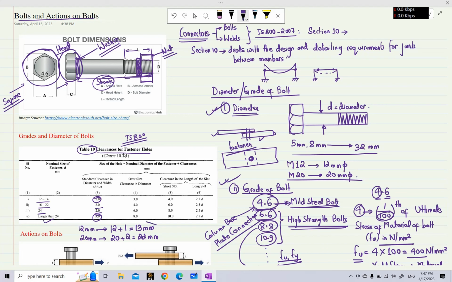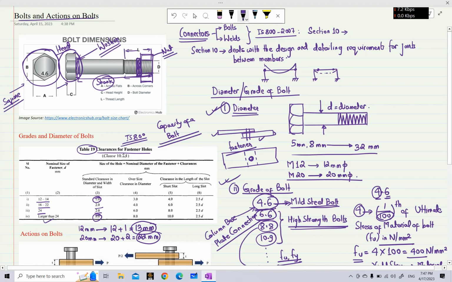And when do we need this? When do we need to calculate the diameter of holes used for bolt? We generally use this when we are calculating the capacity of a bolt. So we will look at the calculation of this bolt capacity maybe in our next lecture or the lecture after that.